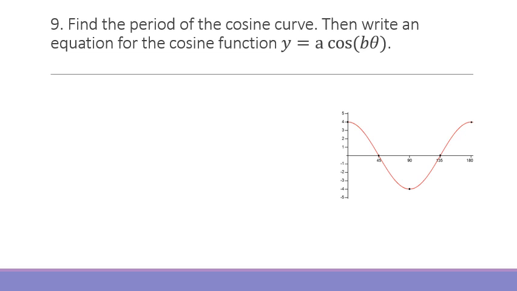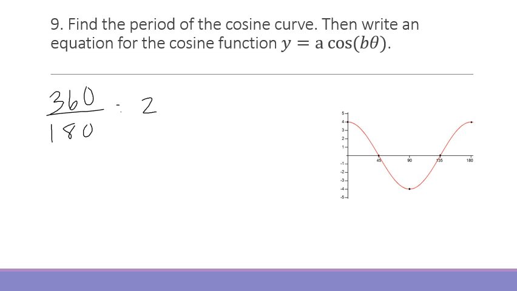So if you see this, we just have to switch. Instead of using 2 pi, we'll use 360, right? So instead of 2 pi over the period, we'll do 360 over the period to find our number of cycles. All right, so it's going to be 360 over 180. So 360 divided by 180 is 2.